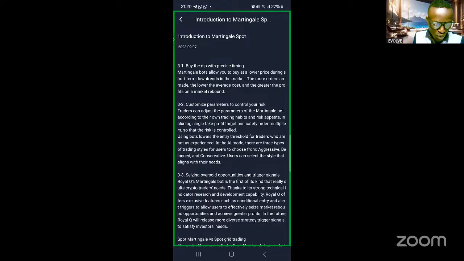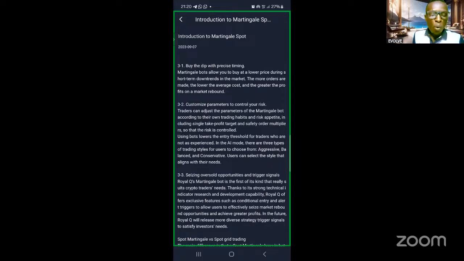Customize parameters to control your risk. Traders can adjust the percentages of the martingale bot according to their own trading habit and risk appetite. Do you see that? You adjust the settings, not according to Ashraf's way of trading, not according to someone else's way of trading, but according to your own risk appetite. Do you see that?